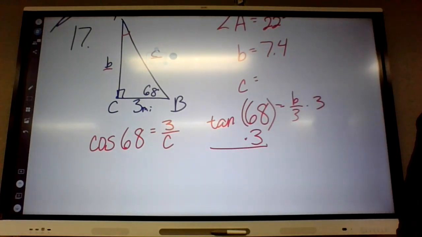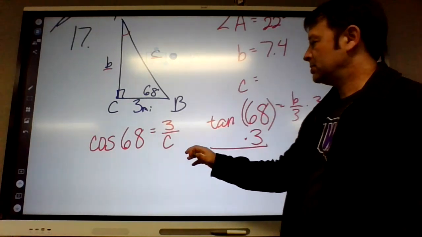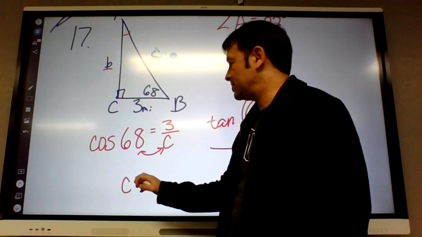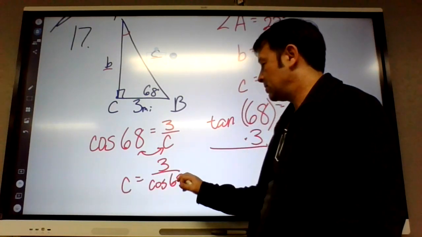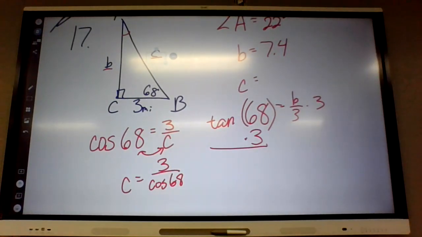How did we do it yesterday when the variable was in the denominator? They switched places. So C is equal to 3 divided by cosine of 68.